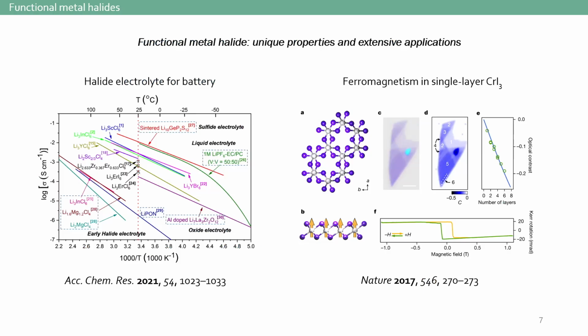For generic metal halides, there is actually a lot of interest in different areas. For instance, in solid-state batteries, these lithium halides are good superionic conductors, and chromium iodide is famous for its magnetism that you can tune with different thickness.